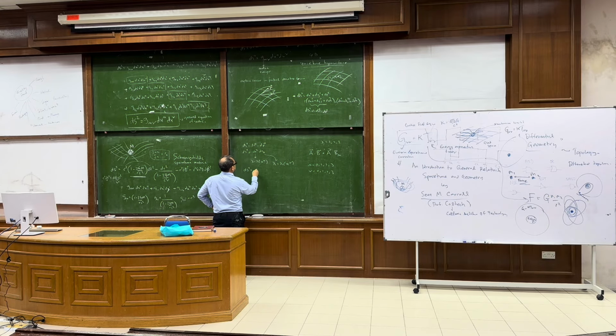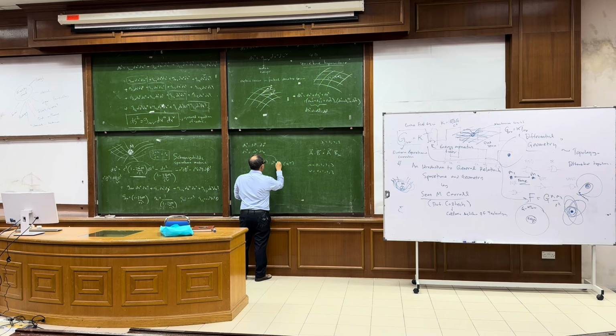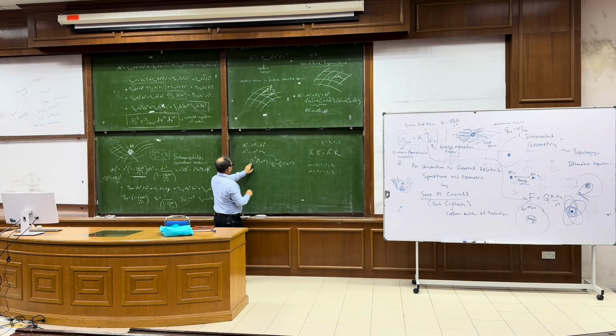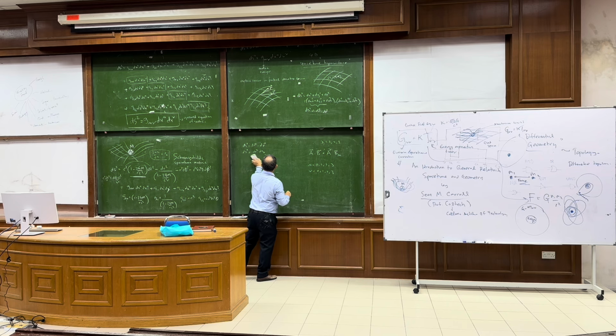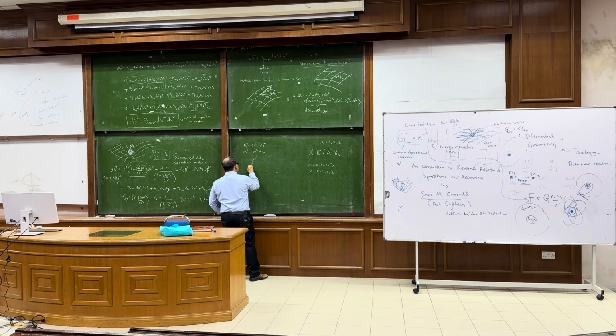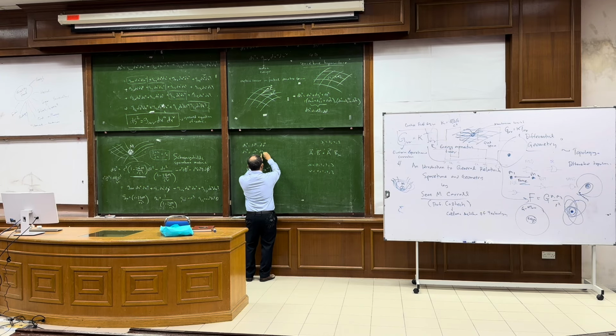ds squared is, oh sorry, it's r lambda. R lambda is a function of x mu in the contravariant form. Then for the covariant, r lambda is a function of x mu, with a slight difference.